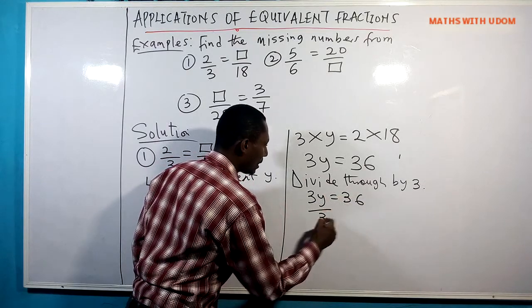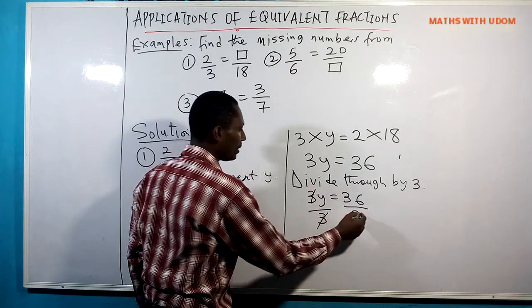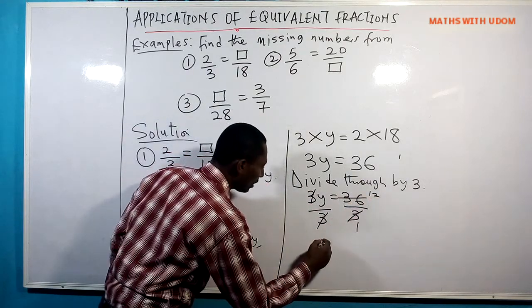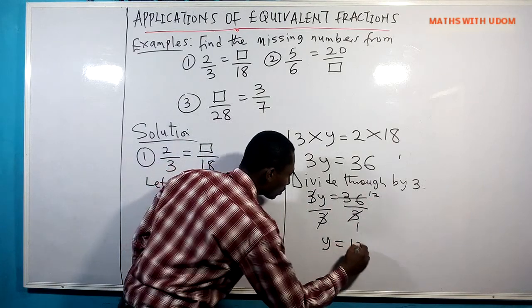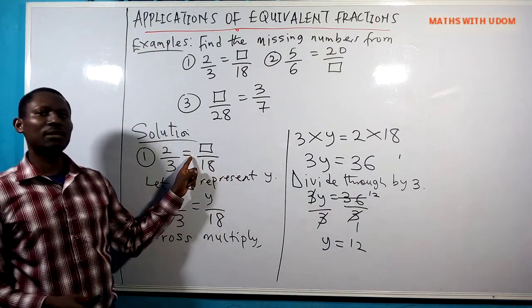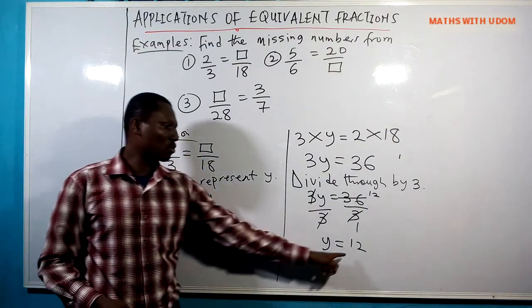Left hand side divided by 3, right hand side divided by 3. 3 cancels 3, and 36 divided by 3 is 12. So at the end of the day, Y is equal to 12. We have succeeded in finding the value inside the box, and the value is 12.